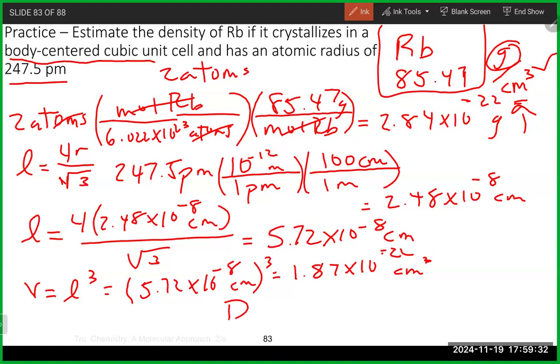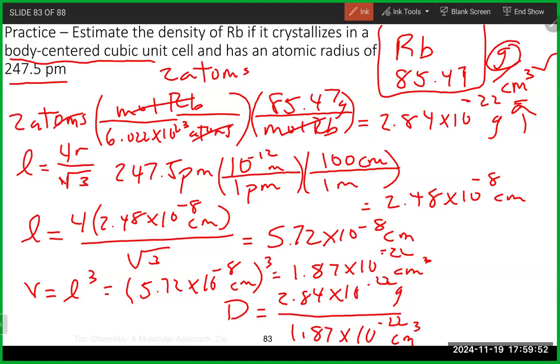So our density here will be our mass, which was 2.84 times 10 to the minus 22 grams, divided by 1.87 times 10 to the minus 22 cubic centimeters.